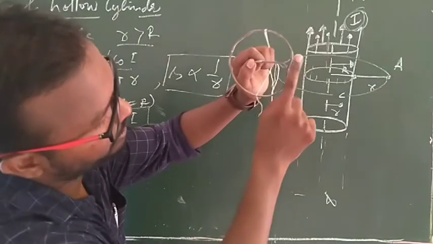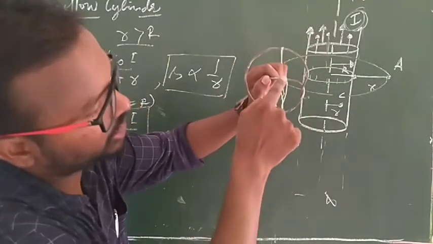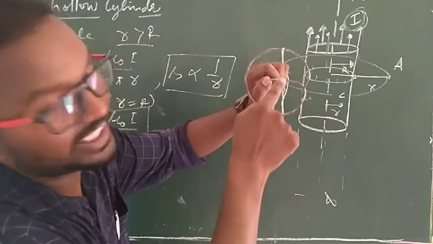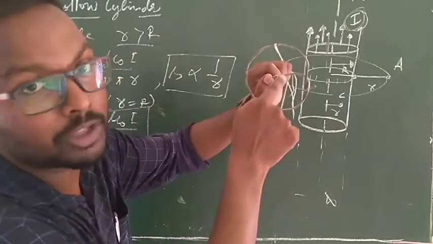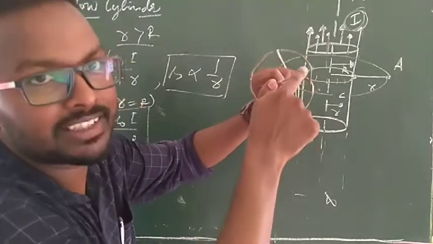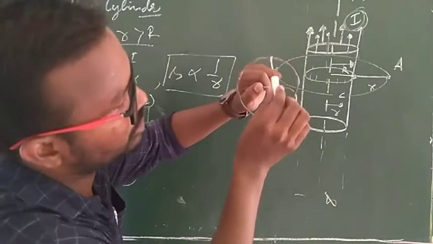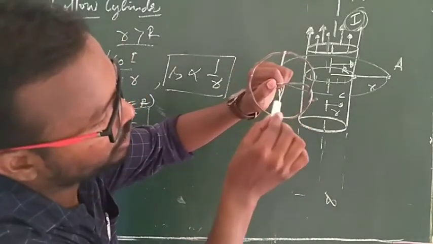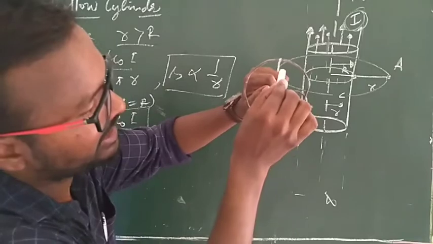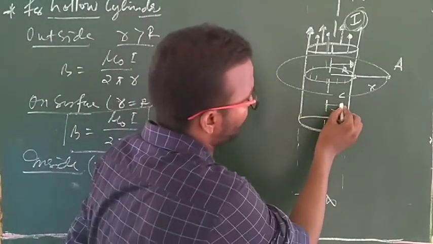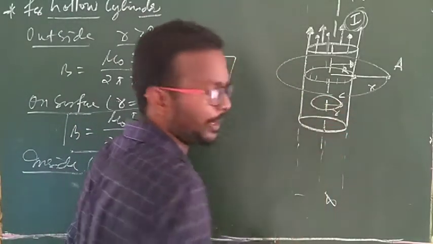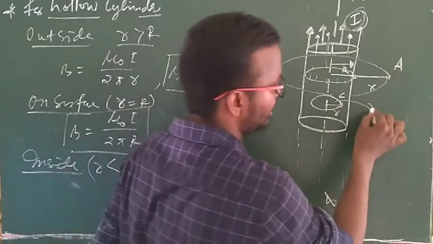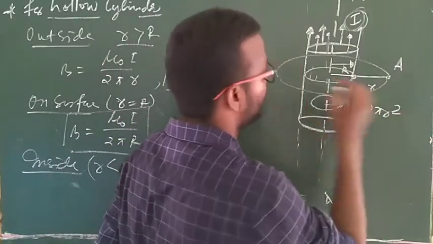But inside the hollow cylindrical conductor there is no current, because the total current flows over the surface. If we choose a point within the hollow cylinder, first we have to draw an Amperian loop, with radius r and area pi r square.